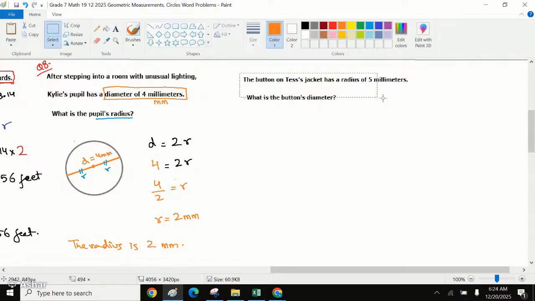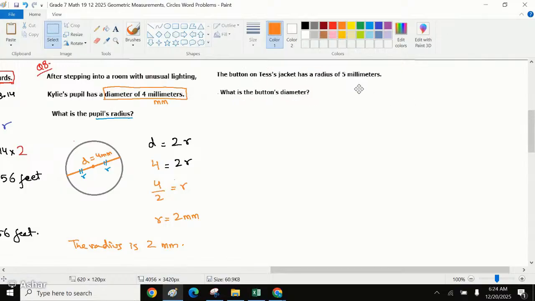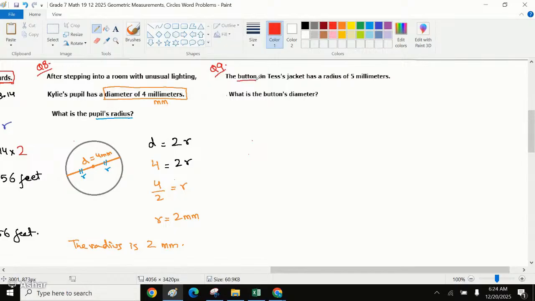This is question number 9. Let's see how we can solve question number 9. The button is circular because it says a radius of 5 millimeters. The radius is given to us and we need to find the diameter. Very similar to the previous question.